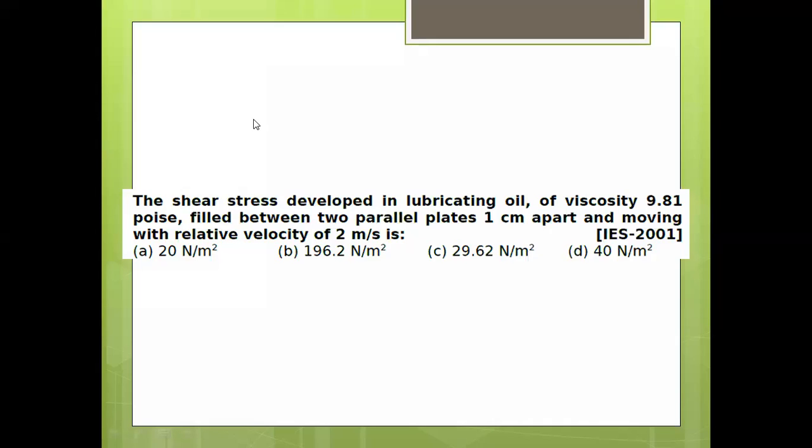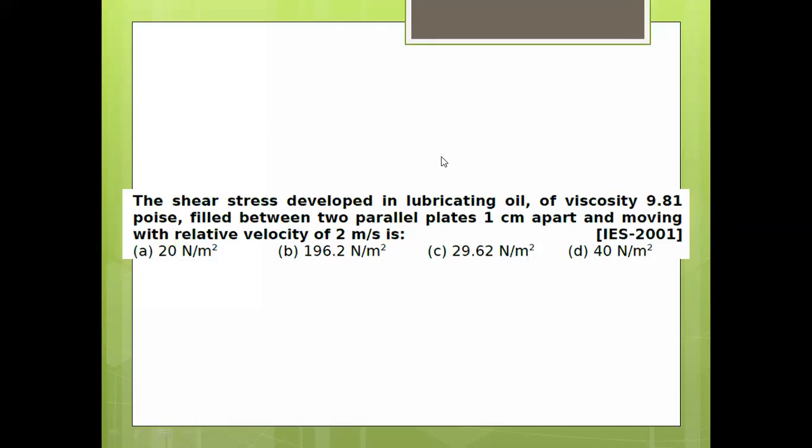Then only you will be able to solve the complete paper. Good. So many students have got the same answer, which means that answer is correct.